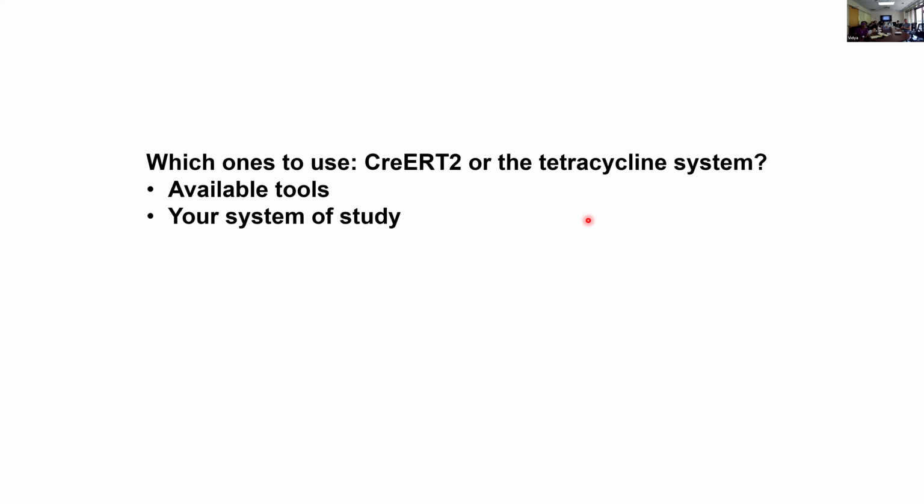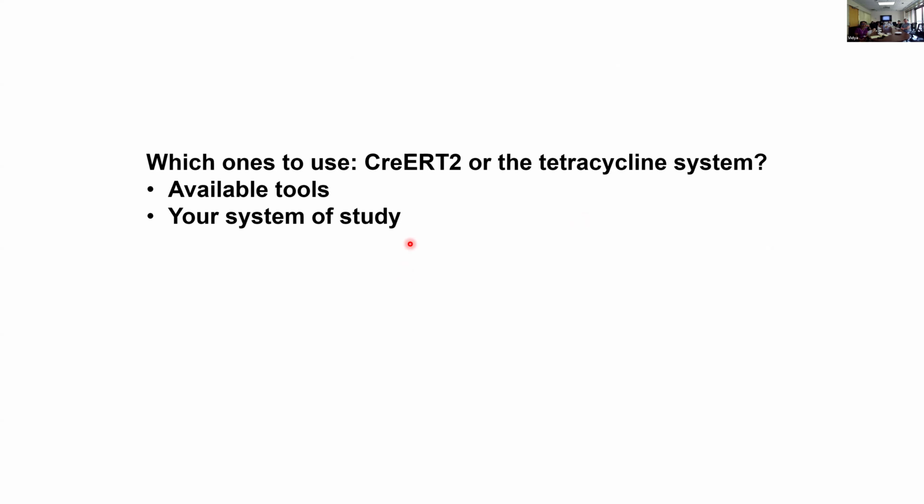You look around at what's published and what's freely available, which one will allow you to achieve your goals faster and easier. But another thing, if you have the luxury of both, or sometimes you finally got all the three components or two components that you can do the study, you also have to consider whether the approach can be used.